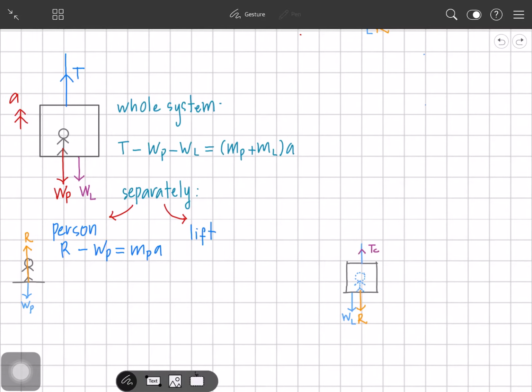And for the lift, the equation is tension minus the weight of the lift minus the reaction force equals the mass of the lift multiplied by acceleration.